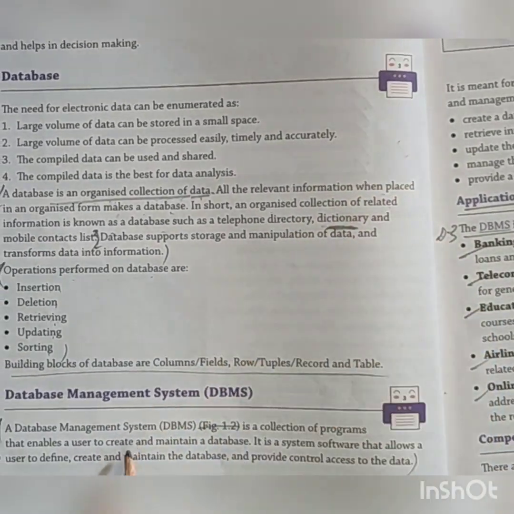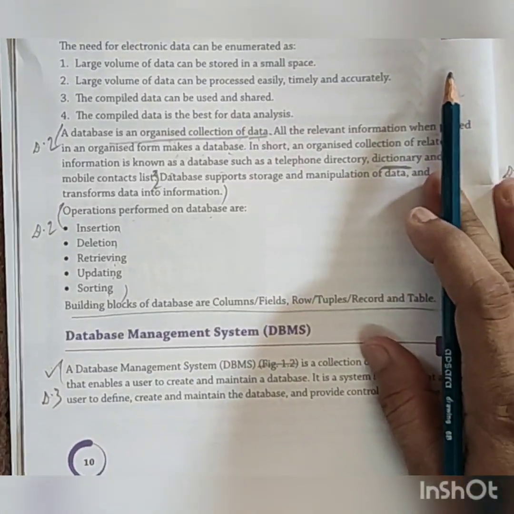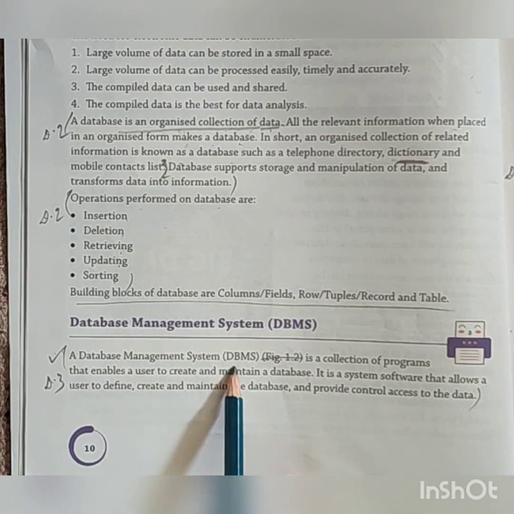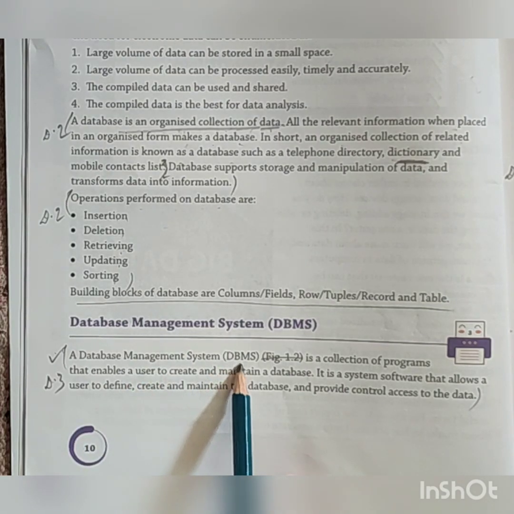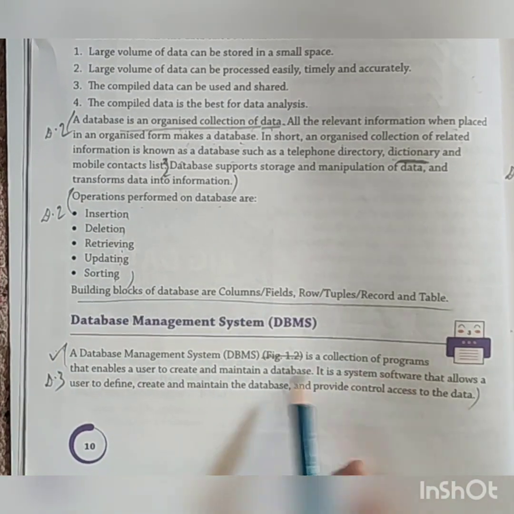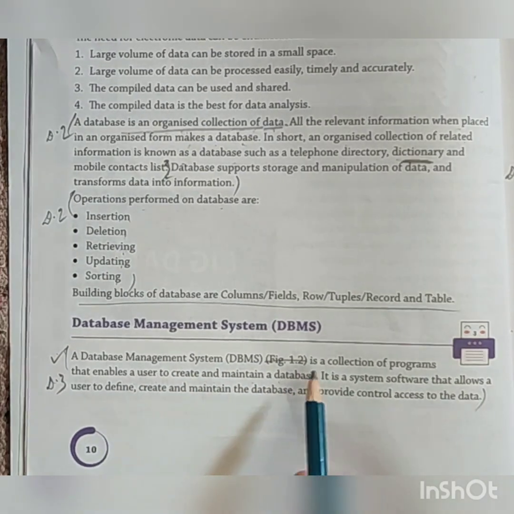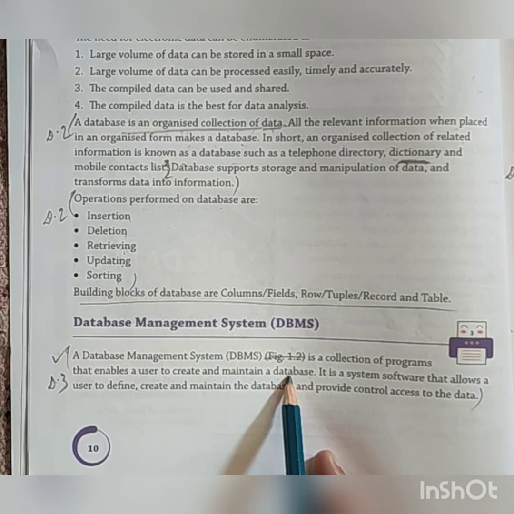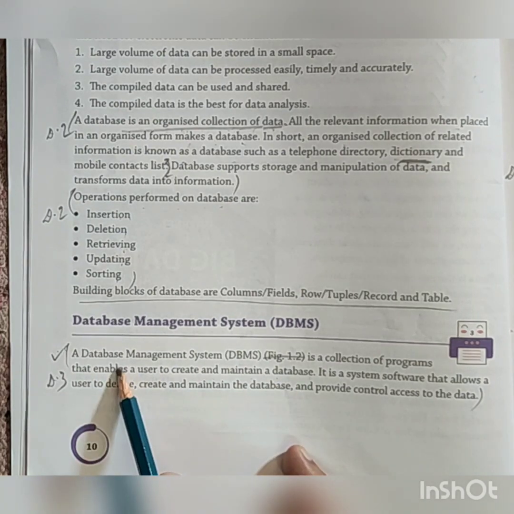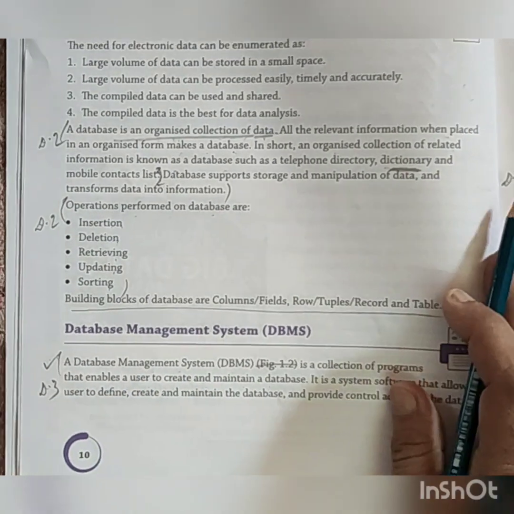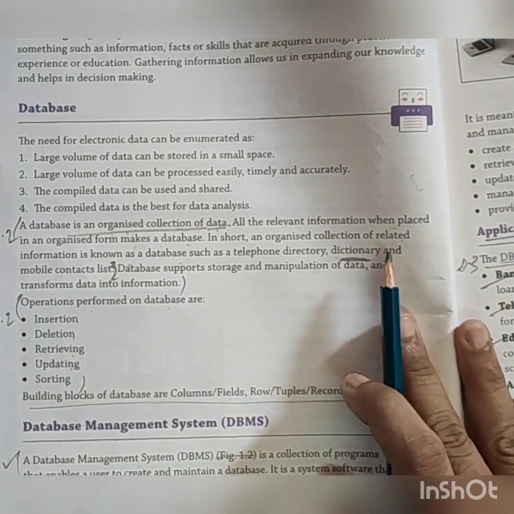And what is database management system? Database management system, in short DBMS, is a collection of programs that enables a user to create and maintain a database. To maintain a database, we need a particular system that is called database management system. How does it help?